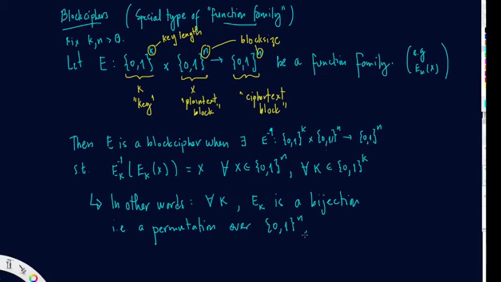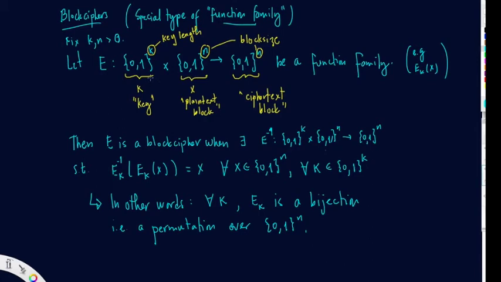Okay, so that's a lot of math speak, particularly for people who aren't using math speak all the time. So let's think about what exactly this is saying. We've said that we have function families, which are these two-input functions, and we think of the first input as being somehow semantically different from the second input. The first input we usually think of as the key, and to highlight the semantic difference between the key and the plaintext block, we write the key as a subscript.